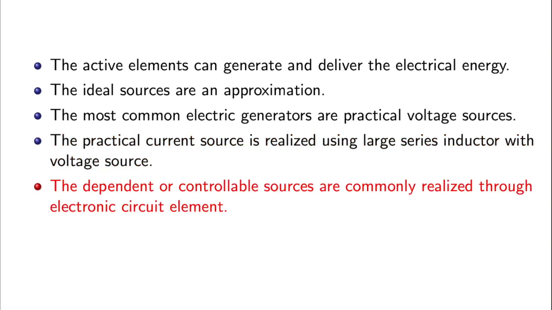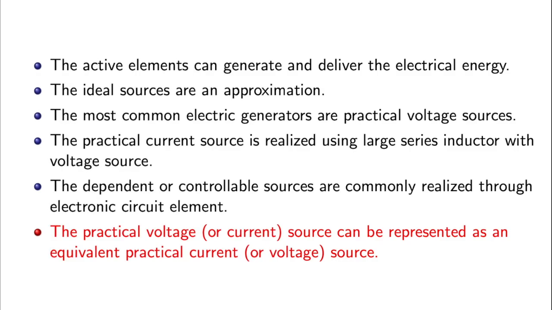Dependent or controlled sources are commonly realized through electronic circuit elements. And lastly, a practical voltage source can be represented as an equivalent practical current source, or a practical current source can be represented as an equivalent practical voltage source.